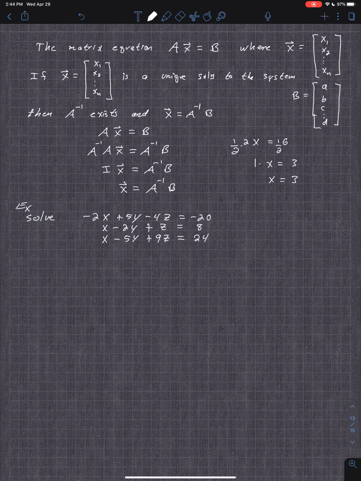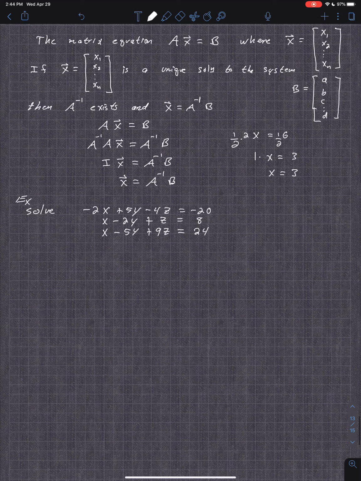So let's write this in the matrix form this time. Instead of doing row reduction and all that, we're going to write the matrix A. A is the coefficient matrix: negative 2, 5, negative 4, 1, negative 2, 1, 1, negative 5, 9.